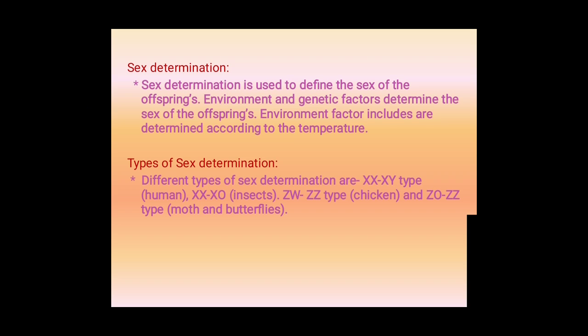ZW and ZZ type comes under chicken, and ZO and ZZ type of sex determination is found in moths and butterflies. These are the different types of sex determination we see in different organisms.